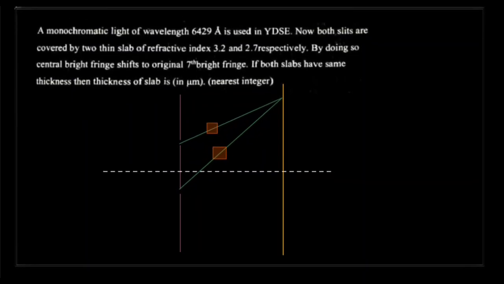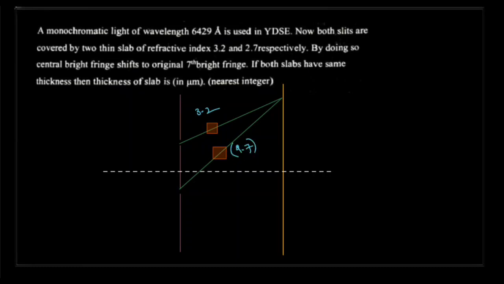A monochromatic light of wavelength 6429 angstroms is used in a YDSE. Now both the slits are covered by two thin slabs of refractive index 3.2 and 2.7. Right? So this is 3.2 and this is 2.7.